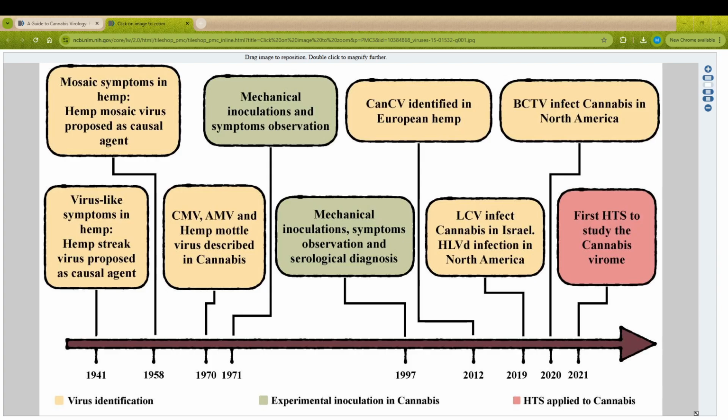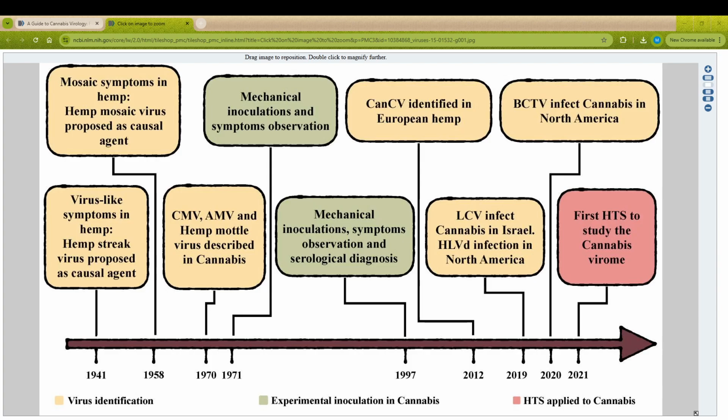Between '71 and '97, there's a huge gap with no studies whatsoever. And I think most of that is because the Reagan administration came in, and it was the say no to drugs, and pot is bad, and DARE, and all these things that obviously we know now are kind of an old falsehood of beliefs.